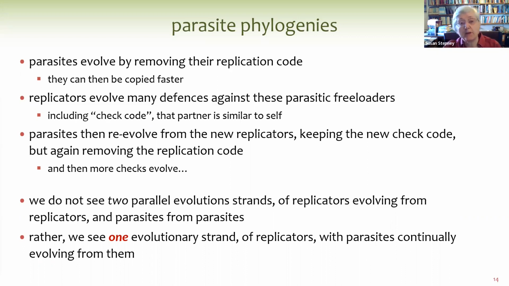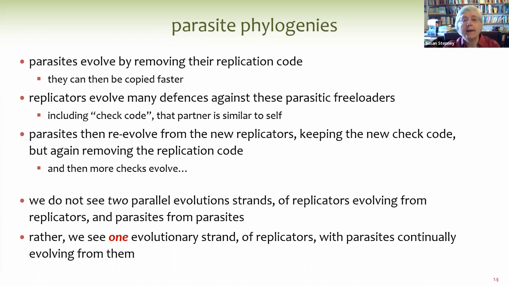But what happens is then that new parasites re-evolve from these new, more complex replicators, keeping that new check code in them, but still removing the replication code so that they can now parasitize again and be copied and so on. And then more checks evolve and so on and so on. Now, interestingly, what we don't see here is 2 parallel strands of evolution with a strand of replicators evolving from previous replicators and a parallel strand of parasites evolving from previous parasites.